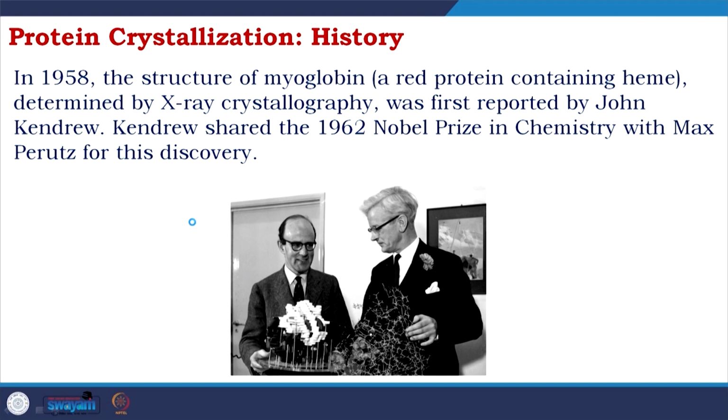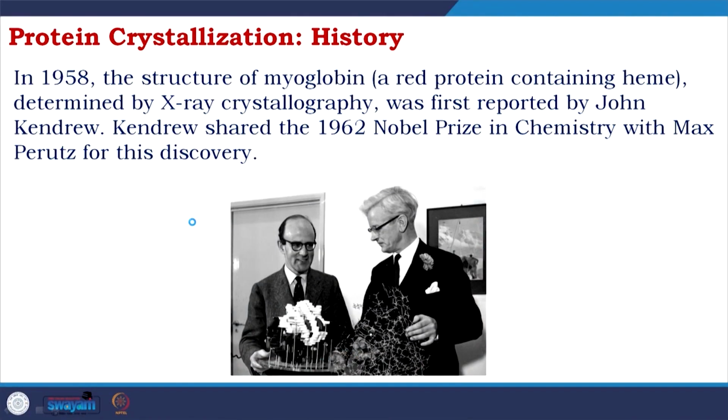Myoglobin is also another protein which has iron, so it is red in color, and that is why it is easy to identify between different proteins. Kendrew shared the 1962 Nobel Prize in Chemistry with Max Perutz for this discovery, and if you see here, this is Kendrew's model and this is Max Perutz's model.